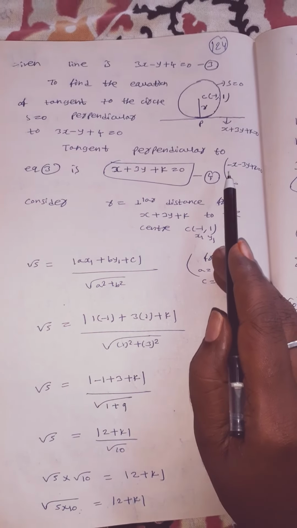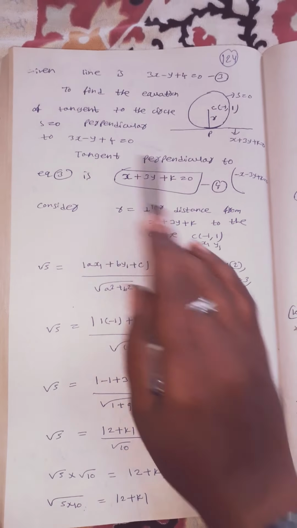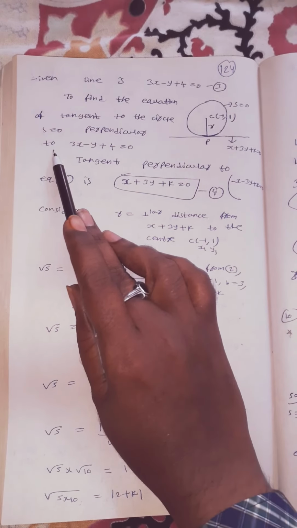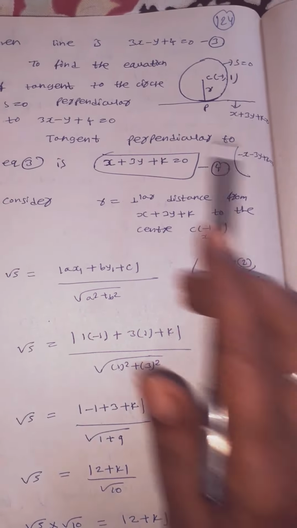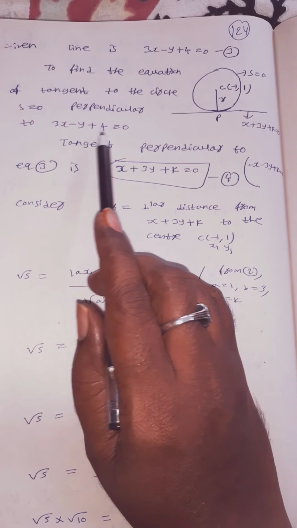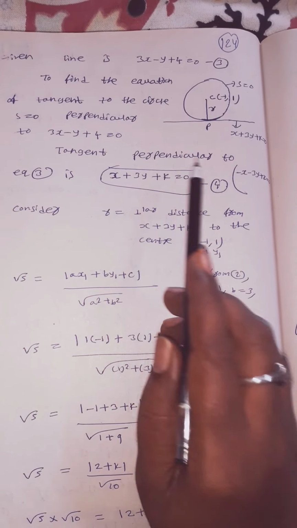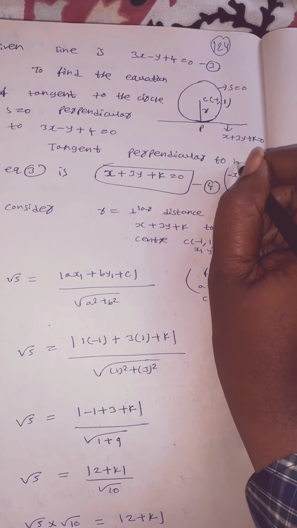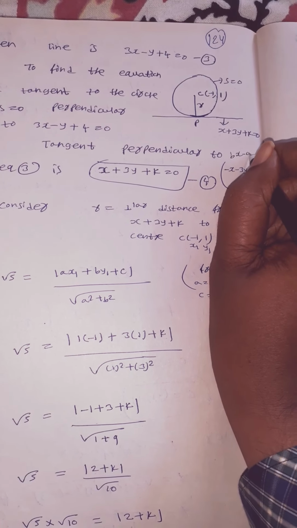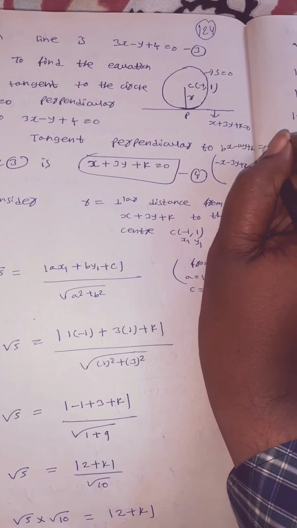So the formula is bx minus ay plus some other constant k equal to 0.